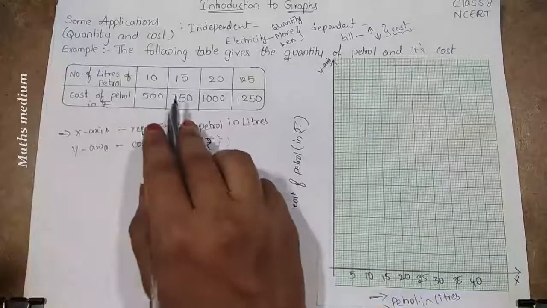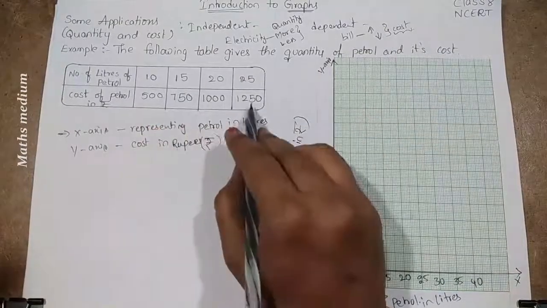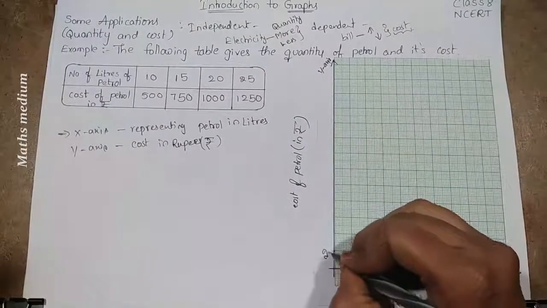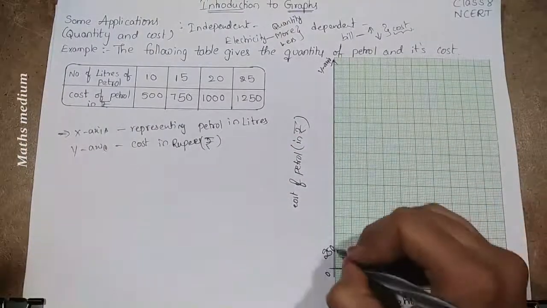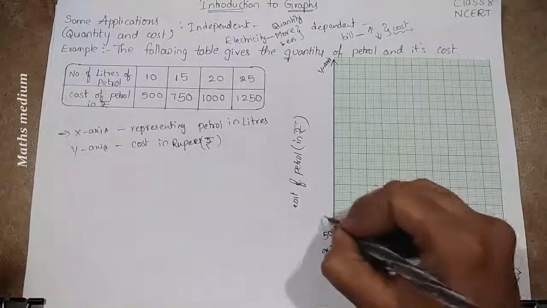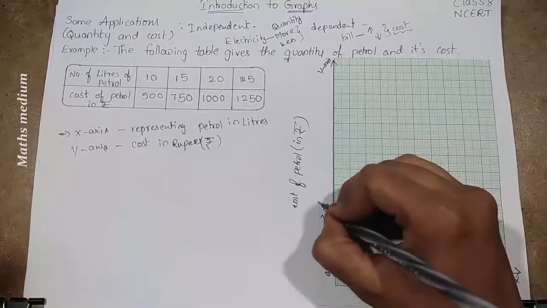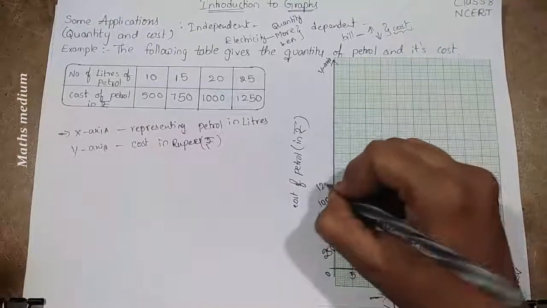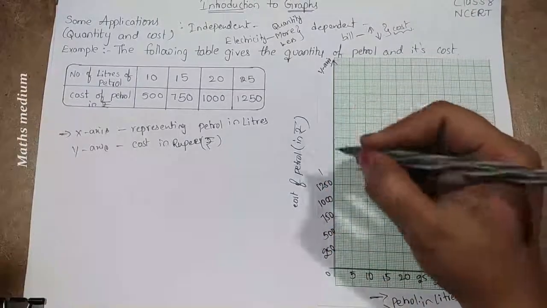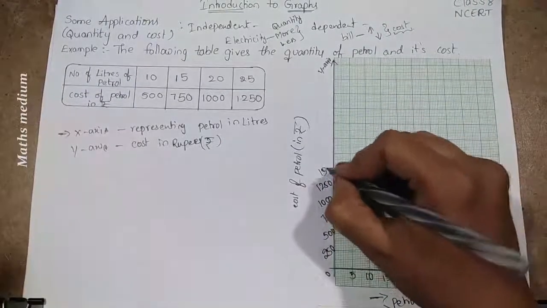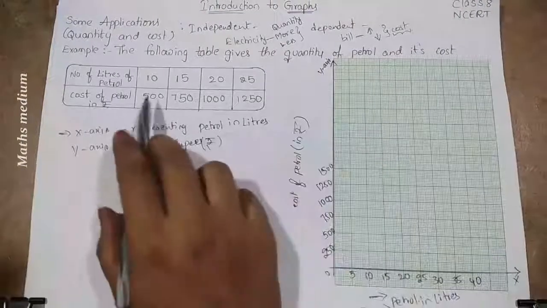Here also 500, 750, 1000, 1250. Here I am taking from 0, 250, 500, 750, 1000, 1250, 1500, like this.